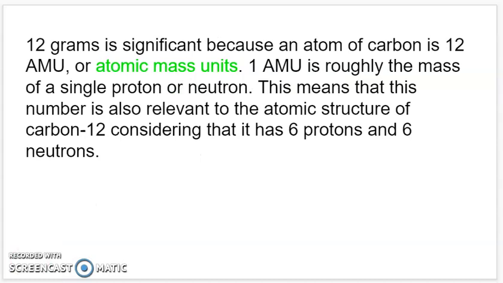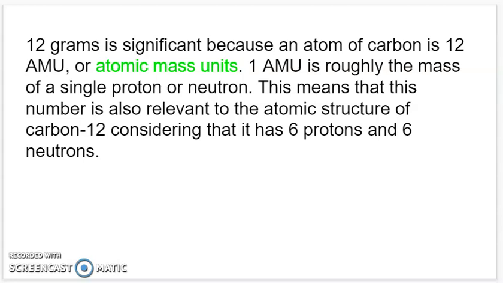And this is significant because an atom of carbon-12 also has a mass of 12 AMU. AMU stands for atomic mass units, and 1 AMU is roughly the mass of a single proton or neutron. So it's a mass unit that's sort of connected to the small building blocks that make up the atom itself.